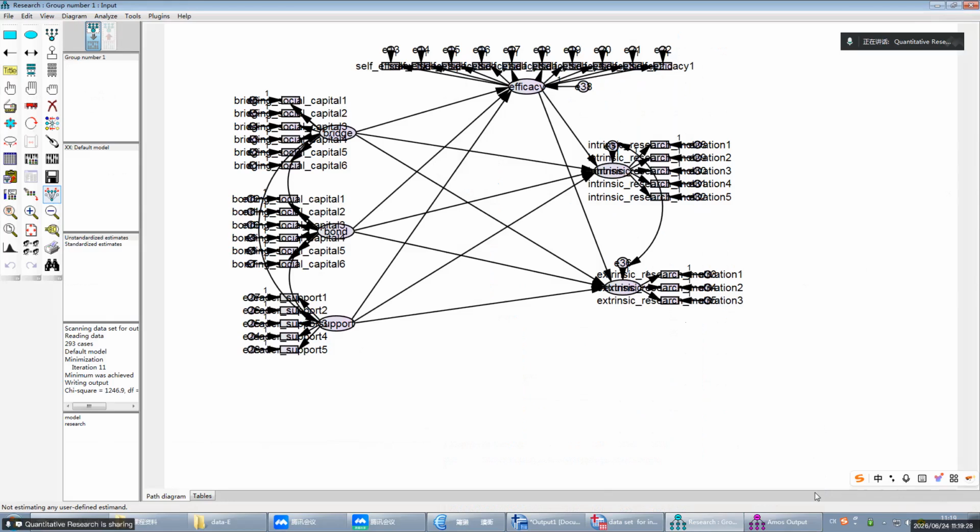Specifically, from bridge to efficacy to intrinsic, this mediation is significant. From bridge to efficacy to extrinsic motivation, this mediation path is also significant, right? Only these 2 mediation paths are significant. All the others are not significant. This is how we test mediation.